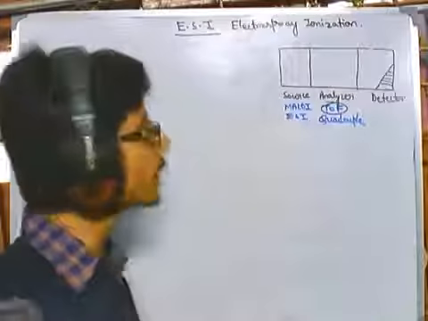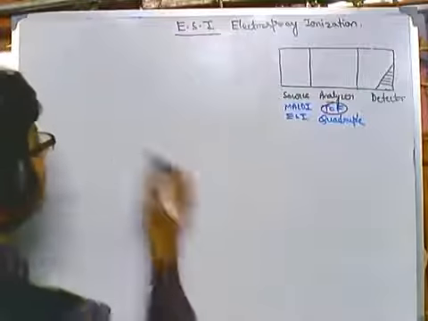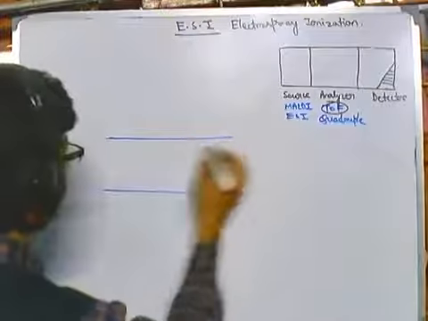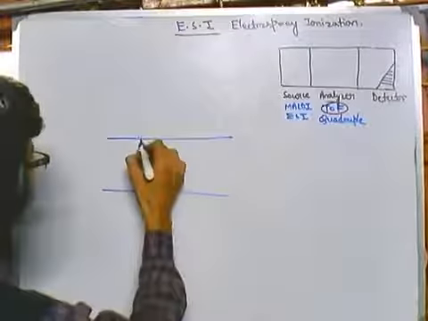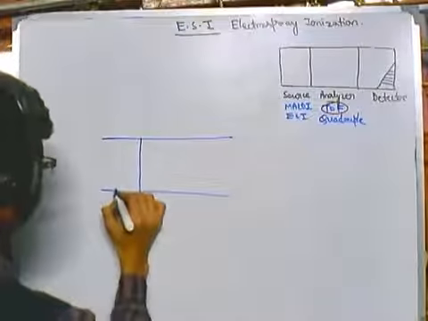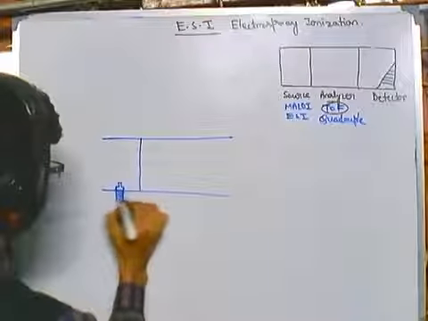a very basic schematic presentation. It is slightly modified, slightly changed. Now in electrospray ionization what we can see is that we have a source. Obviously, after the source region, let me draw here. This is the source. Here in the source region we will have an electron gun.